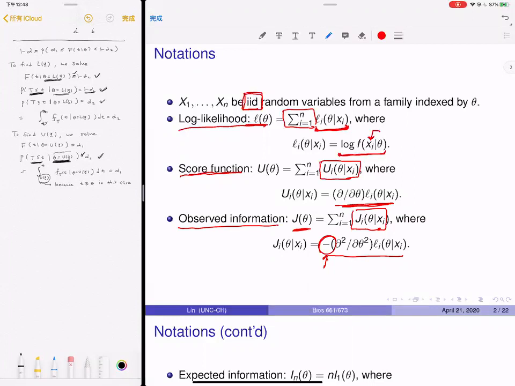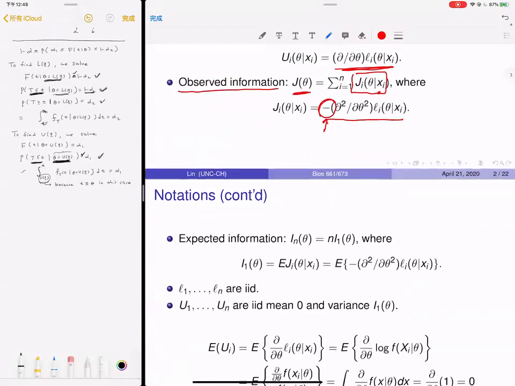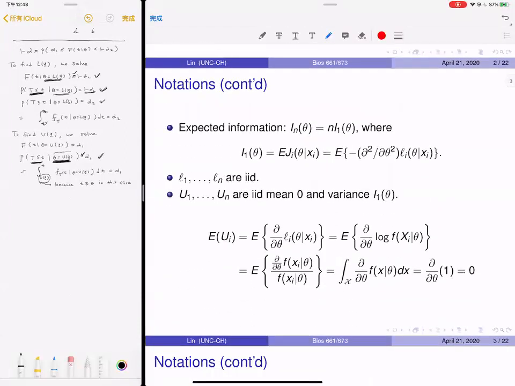summation i from 1 to n. Good. And then going further, what do you do? You take the expected value of the individual observed information, and that becomes the expected information. Right here, I do want to point out the so-called I1.